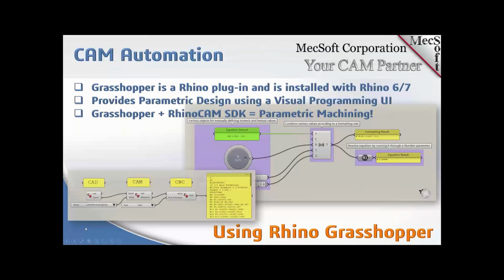So what that means is that instead of actually programming the logic of your program, you can do visual programming. It makes programming a little bit easier. And since there are built-in components that you can drag and drop, a lot of those programming tasks can potentially be fully automated using Grasshopper.